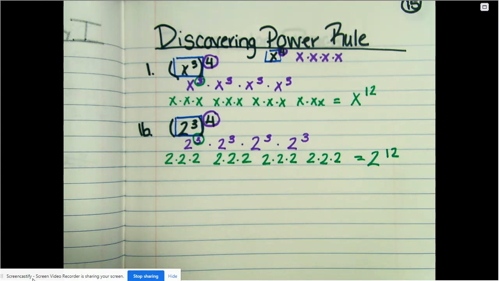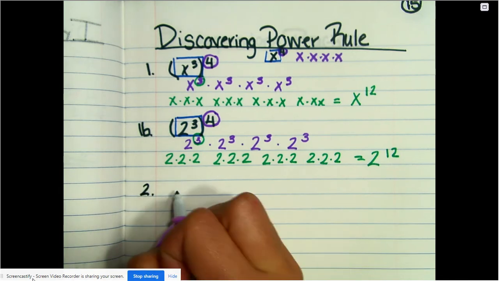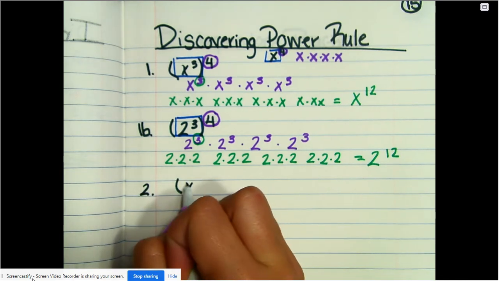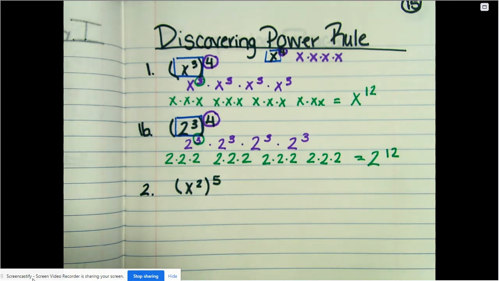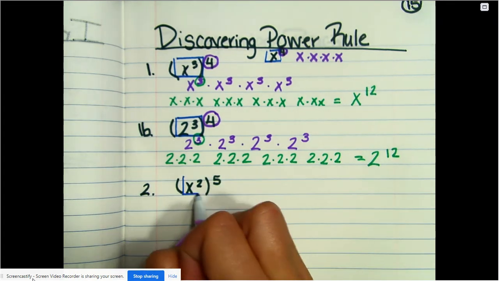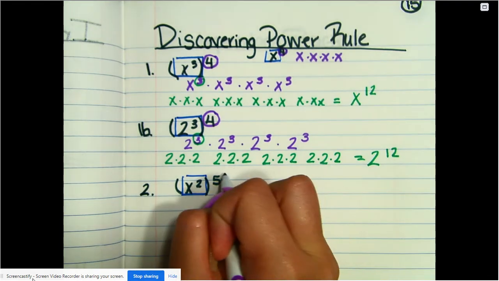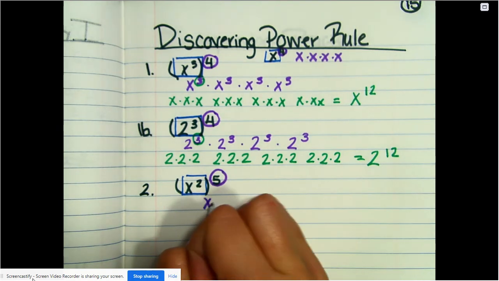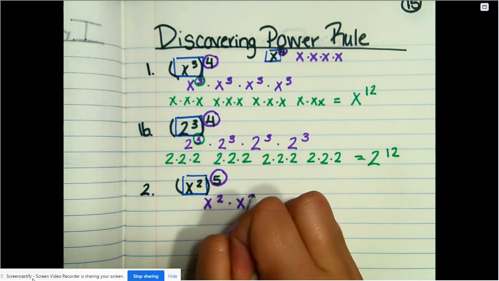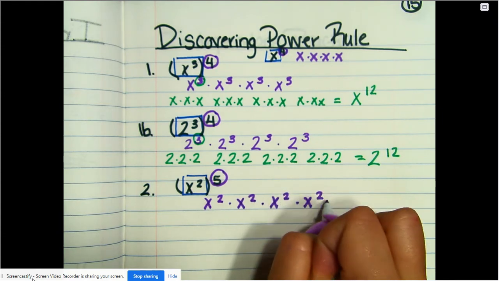Okay, let's take a look at number 2. Okay, number 2, I have x to the second power raised to the 5th power. Again, here is my base. This time the base has an exponent in it, but that's okay. We're still going to write that out 5 times because that's what my exponent says. So x to the second times x to the second times x to the second times x to the second, that was 4, right?